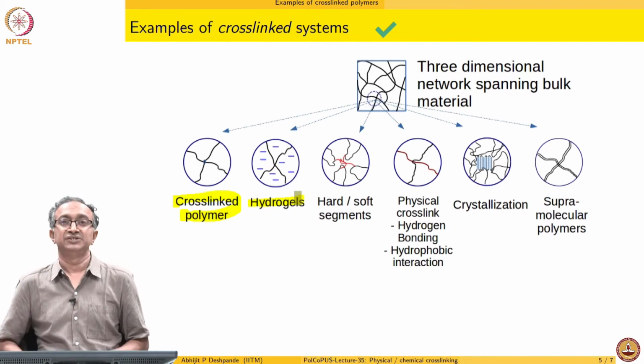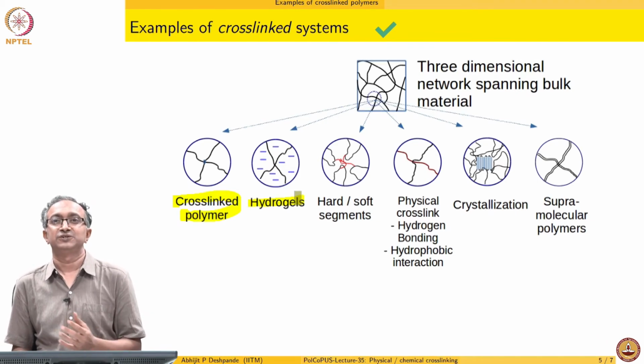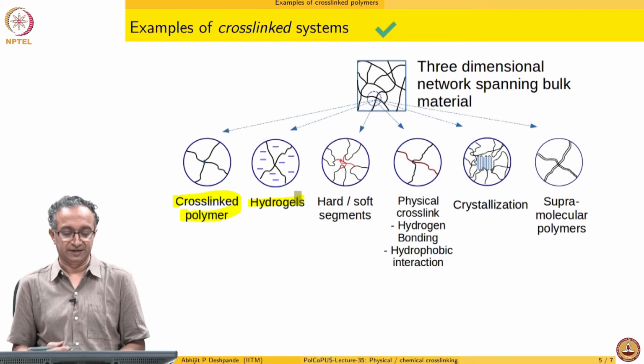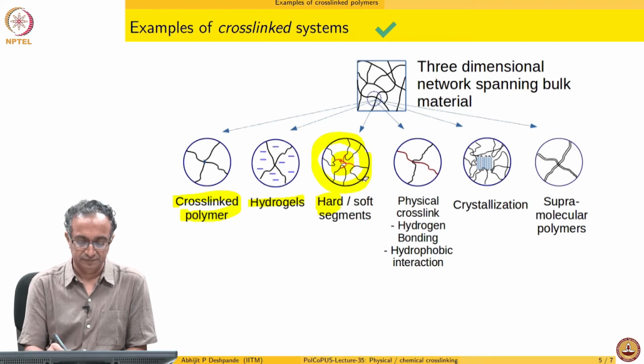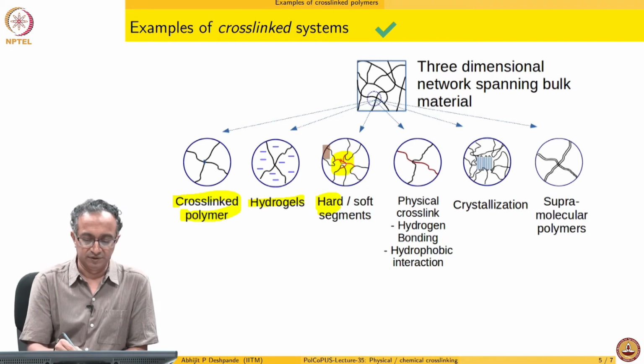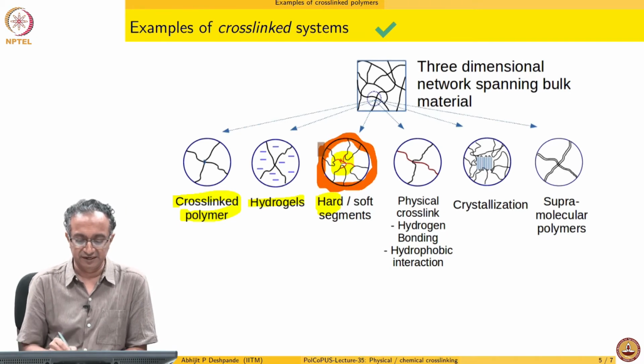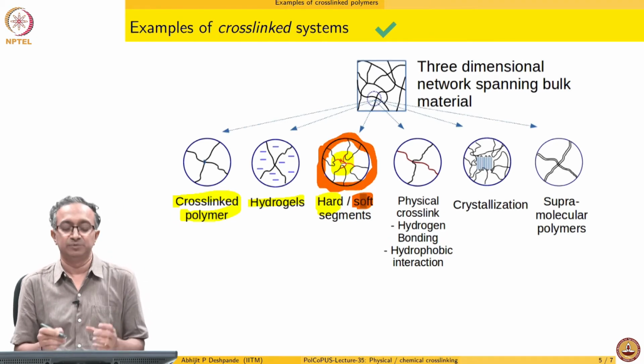But in general, we will find physical crosslinks to be easier to decrosslink, because, for example, crosslinks can be formed by just hard segments in a sea of soft segments. So the black chains here are basically soft, and they are distributed in this hard.